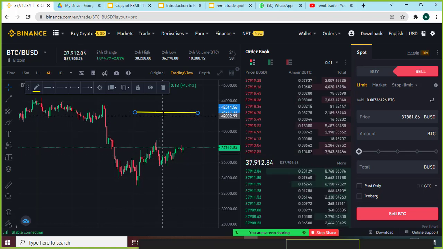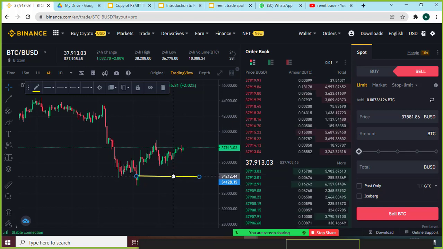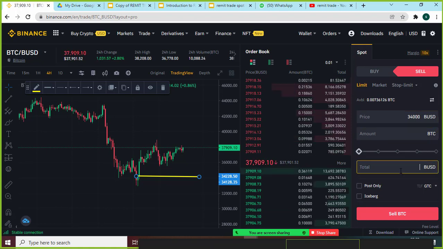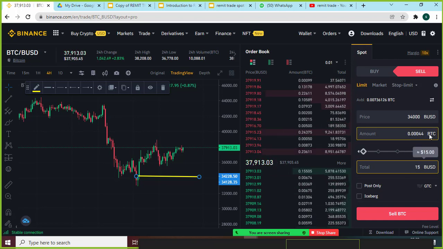So let's say in this case, if I want to buy using a limit buy order, let's say at this point, I believe market is going to come down to this area, $34,000. I will come here and put $34,000, and then I put the quantity in BUSD and it will reflect here in BTC. So I'll put 15 and the quantity in BTC will reflect.